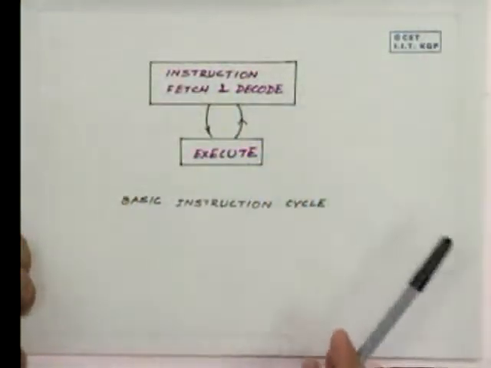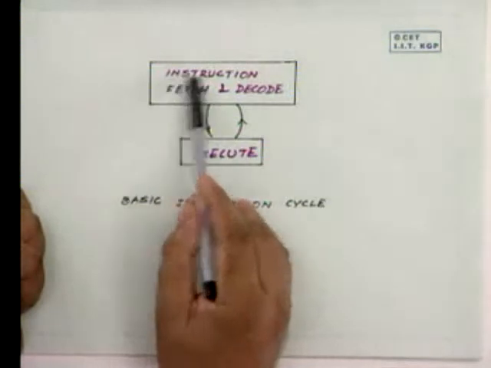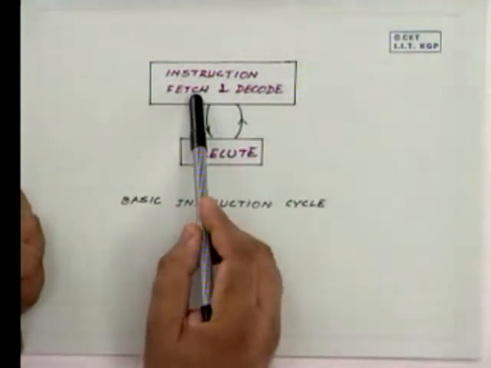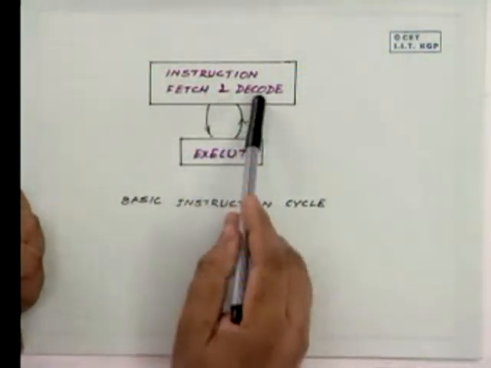Now, to study the function of the control unit, let us revisit our instruction cycle from the very beginning and critically analyze what is supposed to be done. Let's see the basic instruction cycle, as I've shown here. An instruction is fetched and decoded.